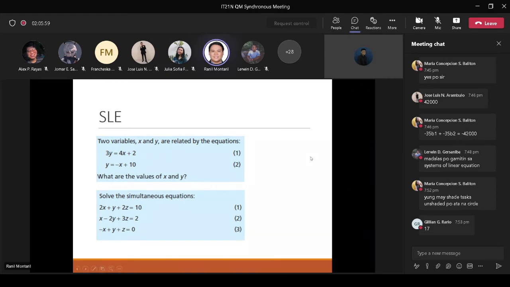So, what's your solution on this one? For this one, what is the value of x here? Here, x, y, and z. Anyone? Or you want to type it in the chat na lang? Sige, pakitype mo na lang sa chat.